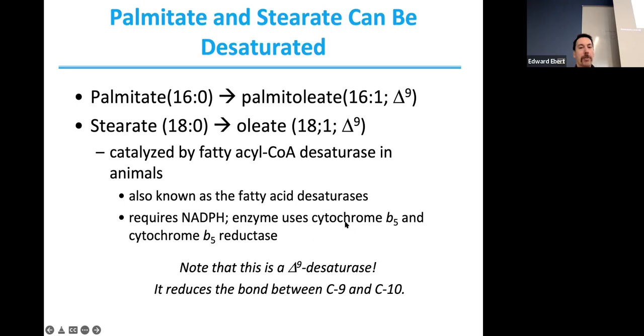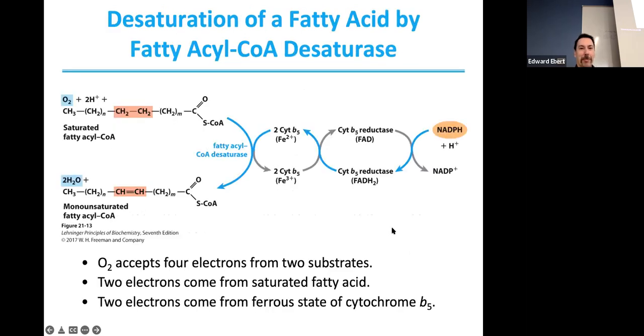And we use cytochrome b5 and b5 reductase, which are unusual ones that I've never talked about otherwise. We can specifically call this a delta 9 desaturase because it reduces the bond between carbon 9 and carbon 10. So theoretically, you could have a delta 11 desaturase or a delta 5 desaturase, or I don't know if we could have a delta 6, but anyway, we'll see.